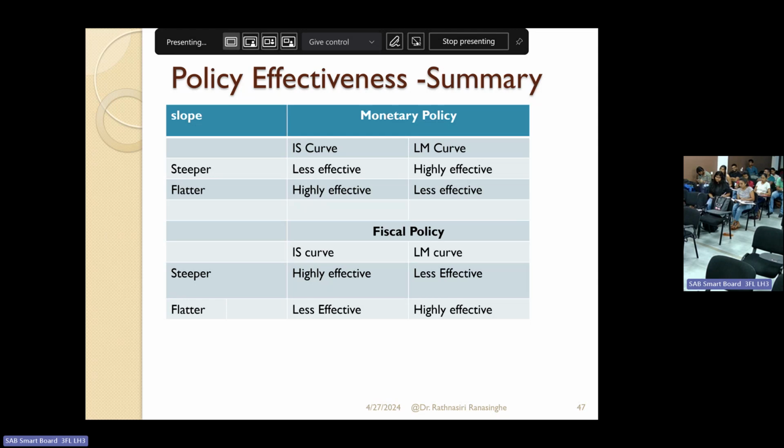Now here also we use the monetary policy. We assume the money stock increases from M0 to M1, right? So what happens?